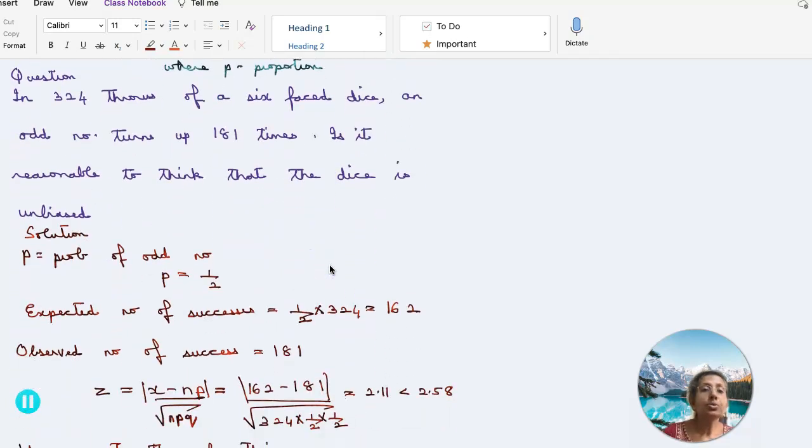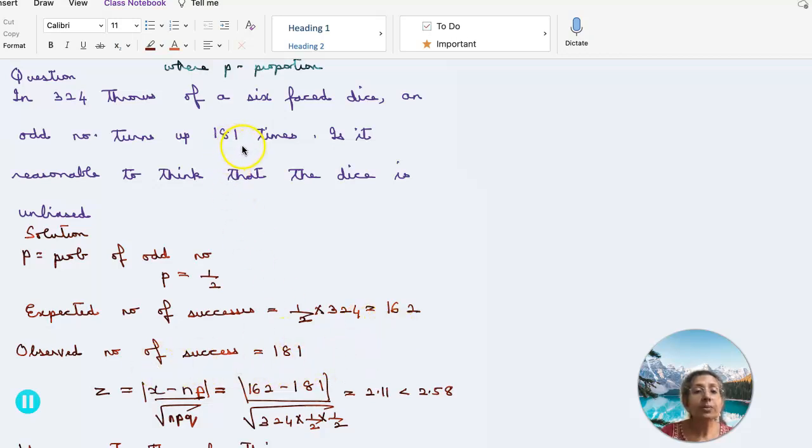Coming to question 2. In 324 throws of a 6-faced die, an odd number turns up 181 times. Is it reasonable to think that the die is unbiased? Let p be the probability of an odd number. So what is p? Half, because you get 3 odd numbers. The expected number of successes is np, which is half into 324, which is 162.